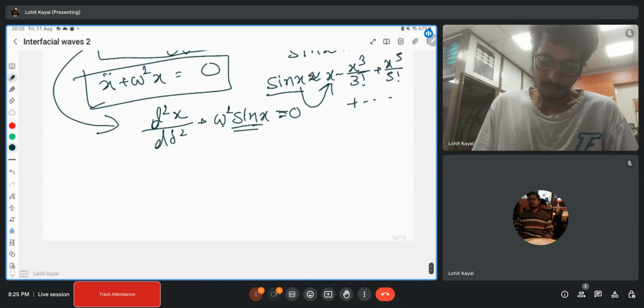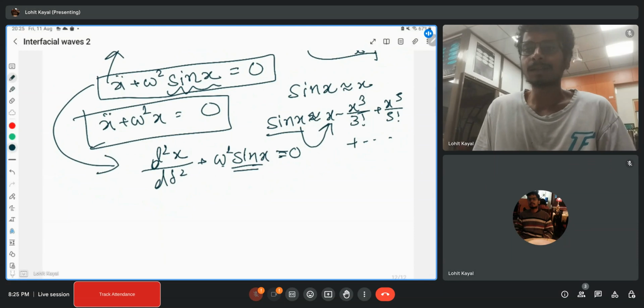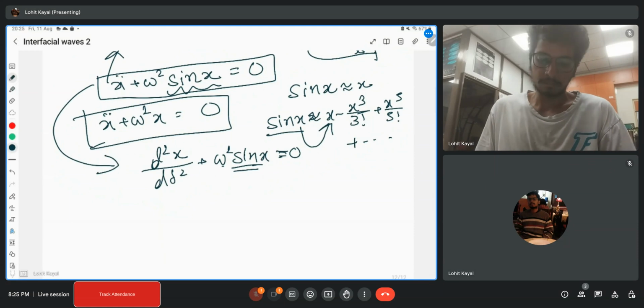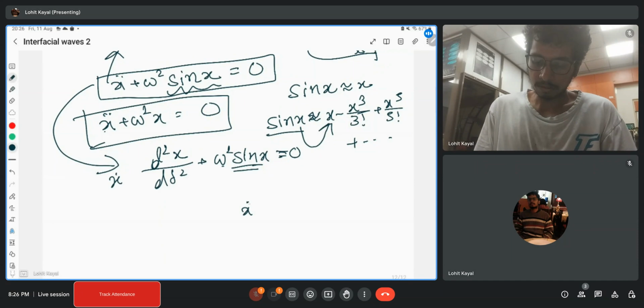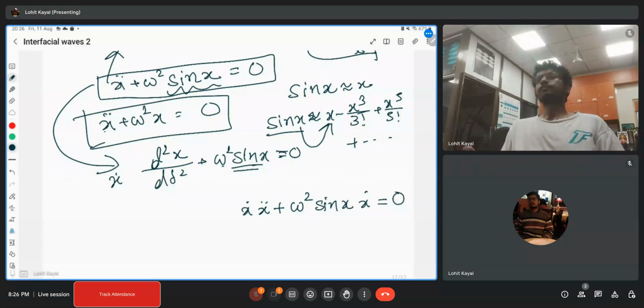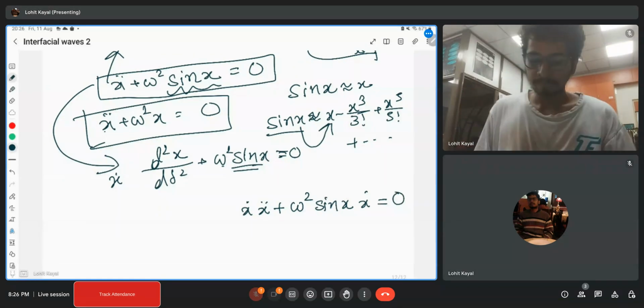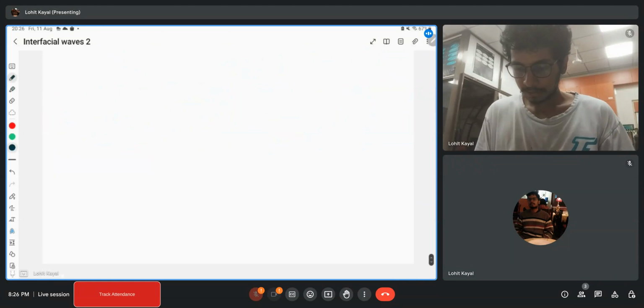So let us do one simple thing: multiply it with dx dt, x dot. Okay. So if you multiply it with x dot, what will happen? So x dot x double dot plus omega square sine x into x dot equal to 0. Now, can I write it in this way?